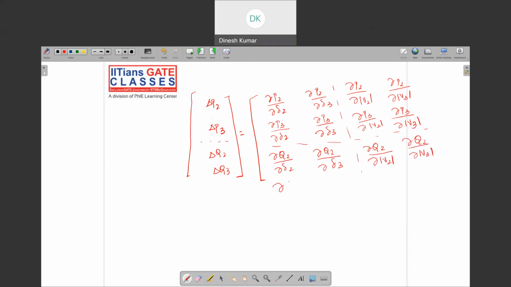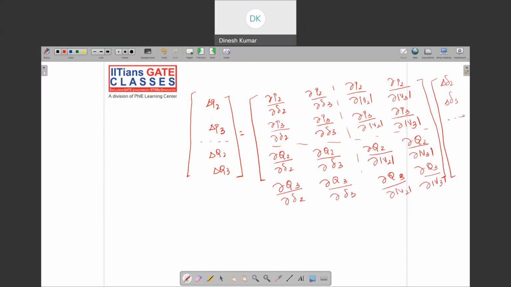Similarly, dou Q3 by dou delta 2, dou Q3 by dou delta 3, then dou Q3 by dou V2, then dou Q3 by dou V3. This is multiplied by delta delta 2, delta delta 3, delta V2, delta V3. This will be our equation, right?